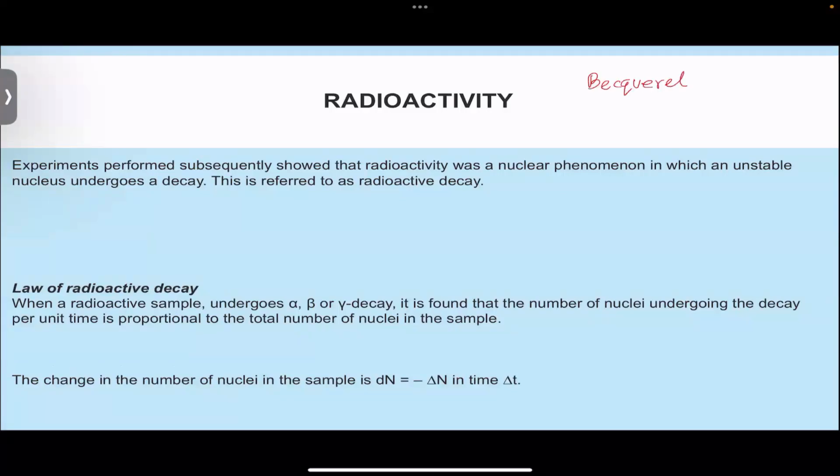Becquerel was the scientist who discovered radioactivity. It was by accident. He was actually studying the phenomena of fluorescence and phosphorescence of compounds. When he was doing that, he wrapped some uranium and potassium sulfate samples in black paper and kept them on a photographic plate.